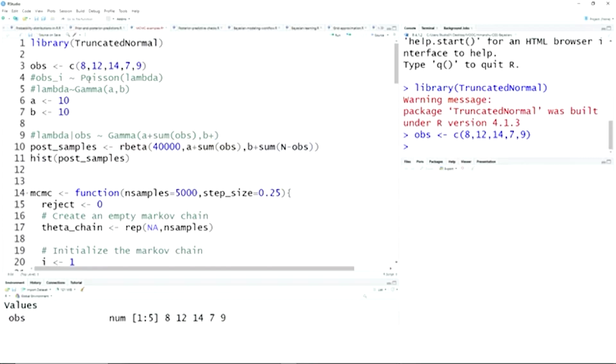How many data points do we have? 5. So that will be the posterior distribution. Let us draw some samples from this posterior distribution.